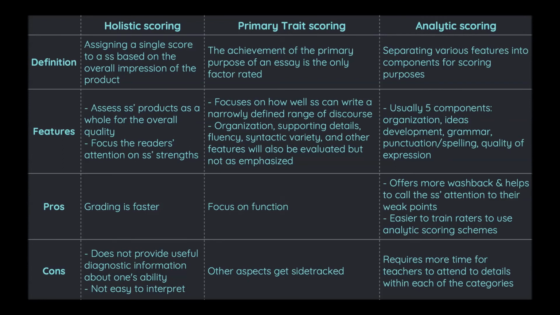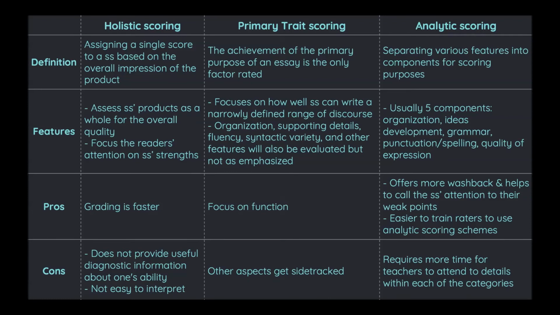Next, we've got primary trait scoring, in which the achievement of the primary purpose of an essay is the only factor rated. The characteristic of primary trait scoring is as follows.